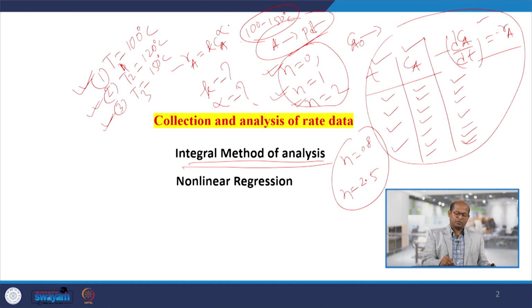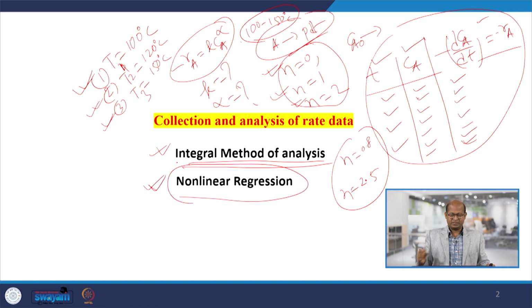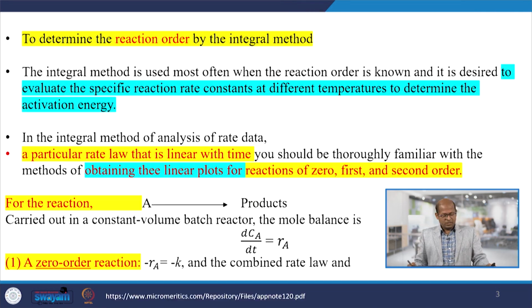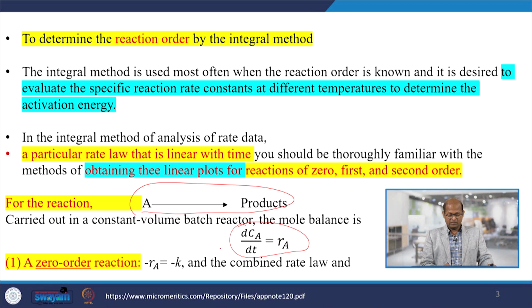Now our objective is to process this data by using the integral method of analysis and then nonlinear regression techniques. Here, this is the reaction, this is the order of reaction, and the rate equation is minus dCA by dt equals minus RA.